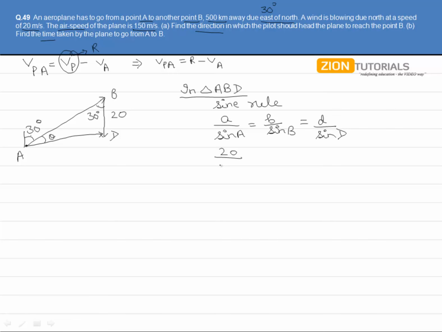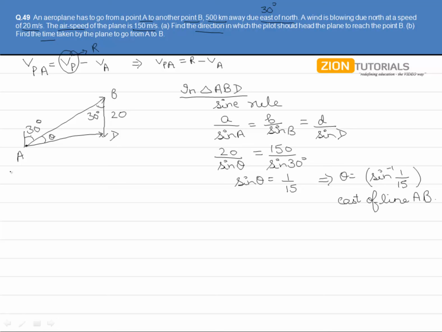So we can write 20 upon sine theta equals 150 upon sine 30 degrees, giving us sine theta equals 1 by 15, which implies theta equals sine inverse 1 over 15 east of line AB.